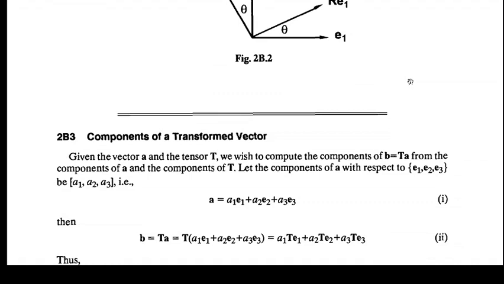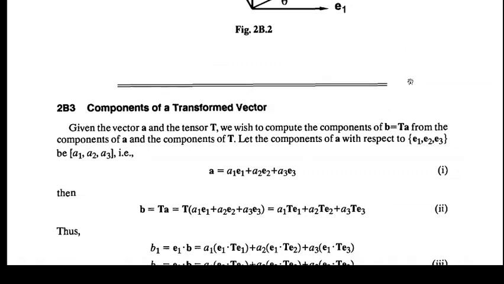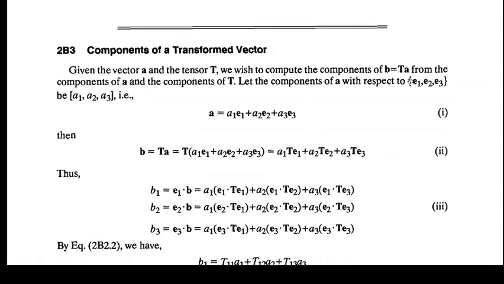Now we will start components of a transformed vector. How can we have components of a transformed vector? Suppose that we have a vector A and tensor T. We want to calculate the components of vector B, and what is B?